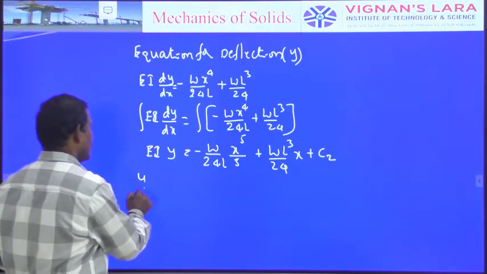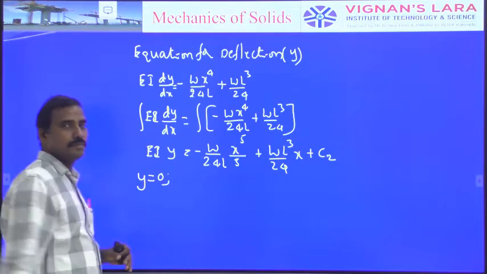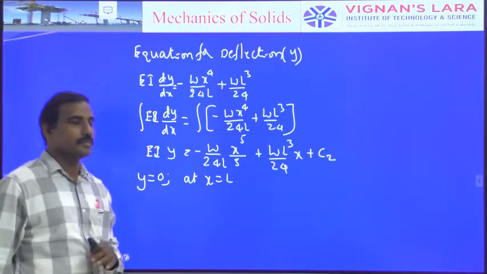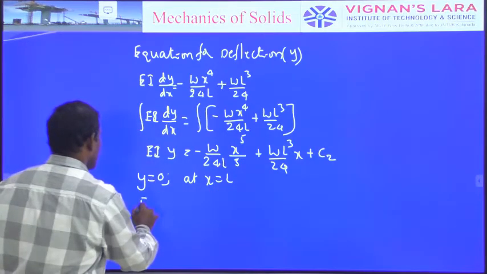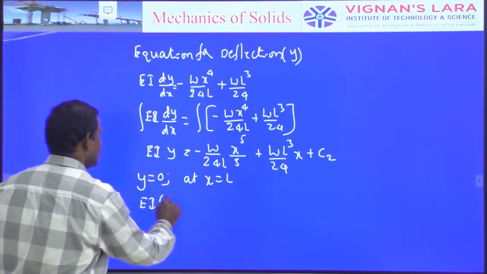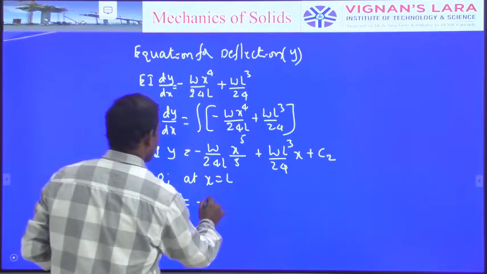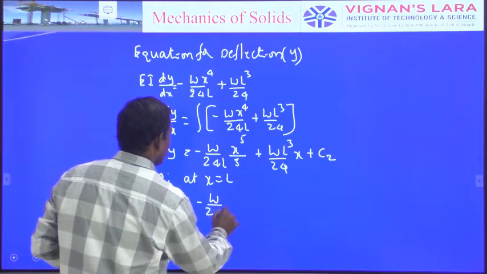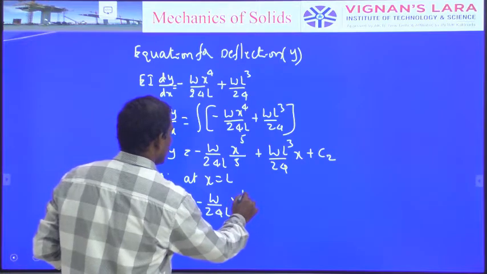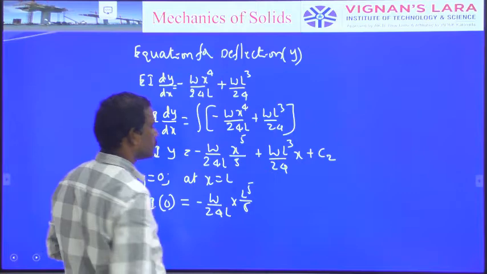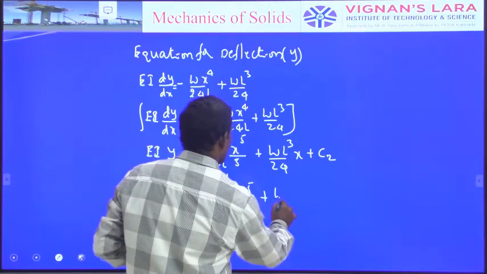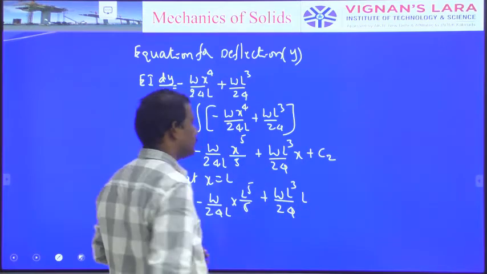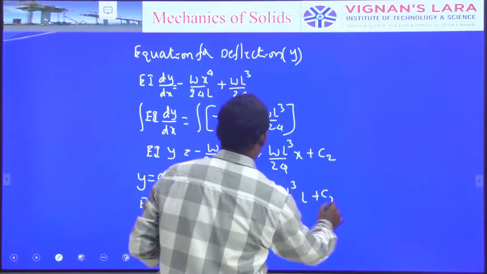As we know, deflection y is equal to 0 at x is equal to L. So simply substitute it: EI into 0 is equal to minus W by 24L into L power 5 by 5 plus WL cube by 24 into L plus C2.